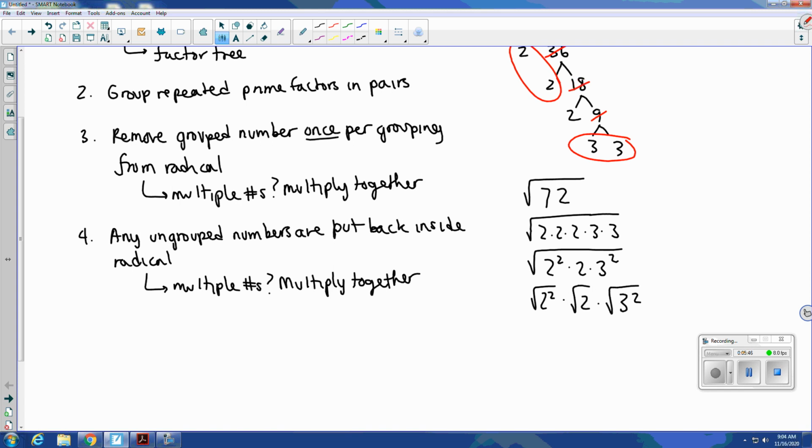So by grouping in pairs, which is essentially writing that number squared, I can see that the square root will cancel with that square. So square root of 2 squared is 2. Square root of 3 squared is 3. And then when it comes to the order of multiplying real numbers, that is a commutative operation, meaning the order doesn't matter.